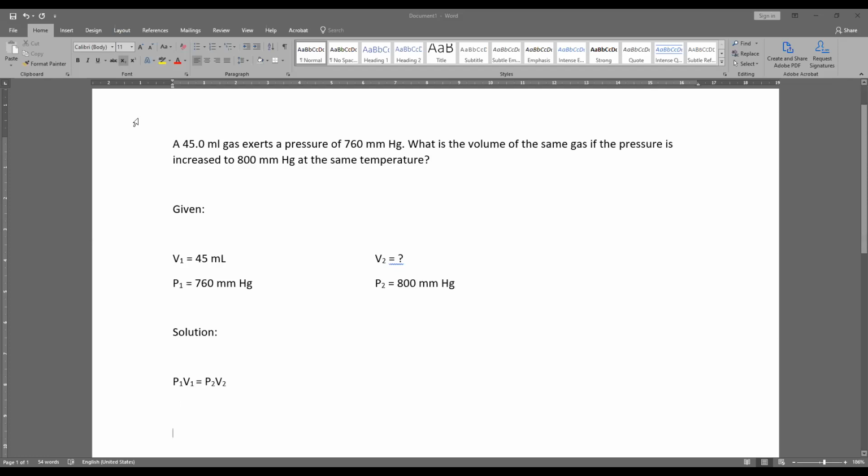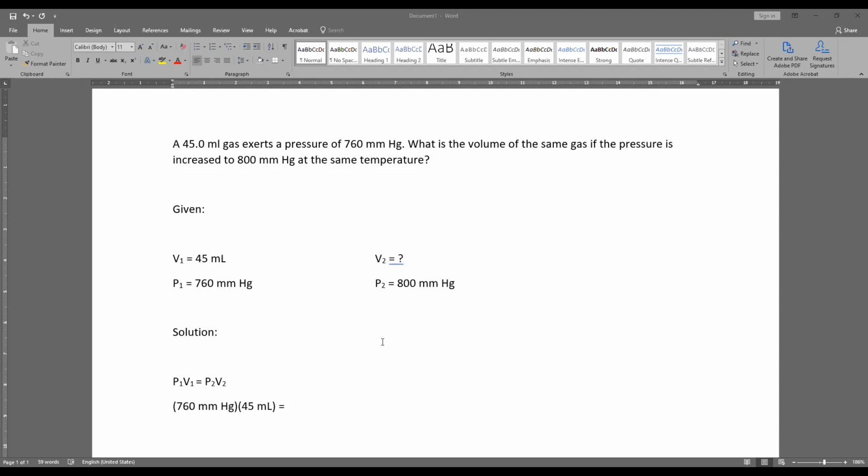Let's substitute first. Since we already have the base formula, we can now substitute. P1, 760 millimeter of mercury, times V1, 45 ml, is equal to P2 V2.